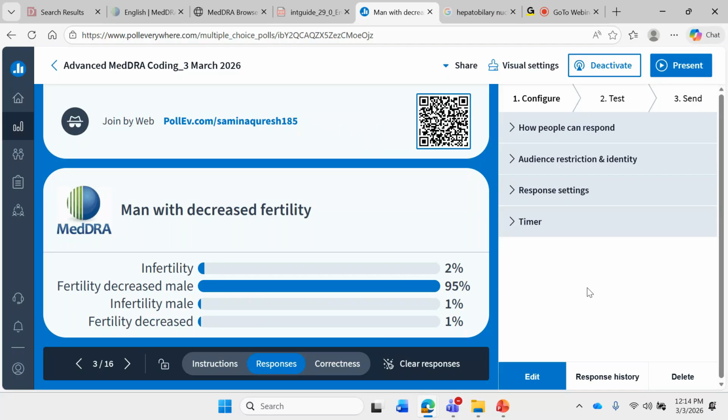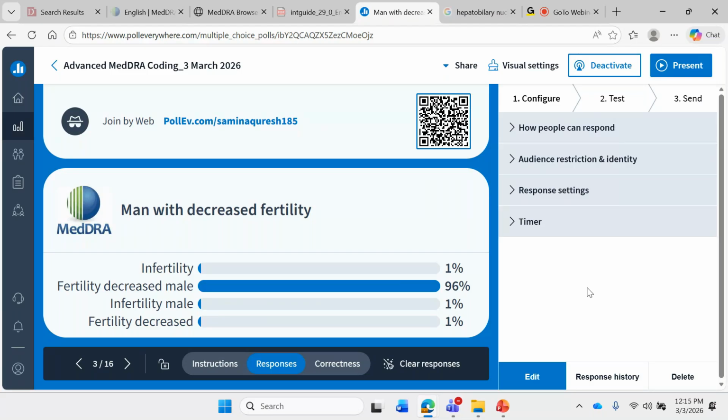Perfect. It most closely matches what is being reported, right? And just for those of you who chose infertility, a decreased fertility doesn't mean you're absolutely infertile, right? Infertile means zero. They're totally infertile. A decreased fertility is a different concept than infertility.